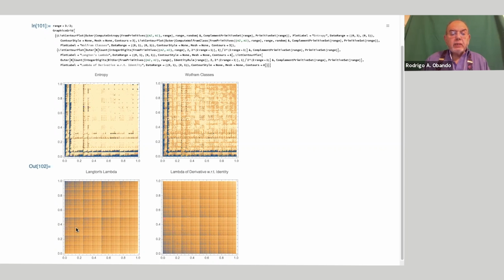And then I realized that the lower values of Langton's lambda are actually up here, whereas in reality, the entropy seems to favor being low right here. So when Langton, back in 1986, started exploring the space, he was moving this way. And this is what most people have done through the last, I don't know, 30 years.